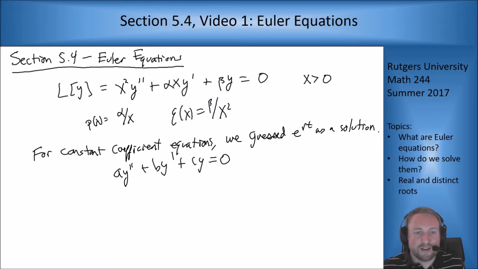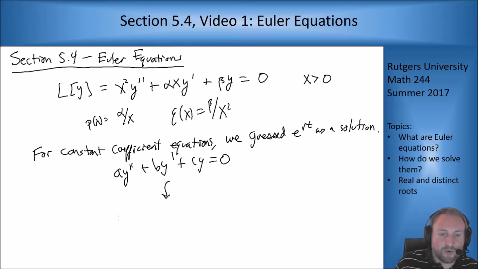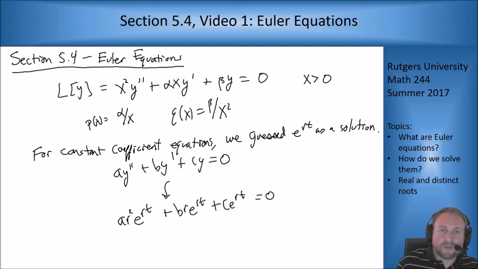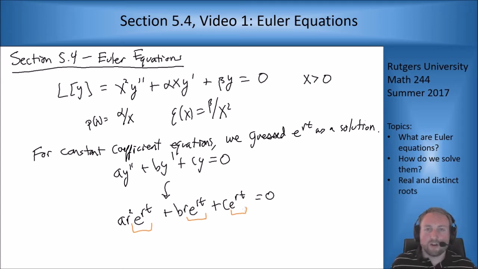Now what this ends up giving is that when we do all of this calculation, we end up with a r squared e to the rt plus b r e to the rt plus c e to the rt equals 0. And what happened is we ended up with an e to the rt on every term, so we were able to cancel it out and get down to just a quadratic polynomial.